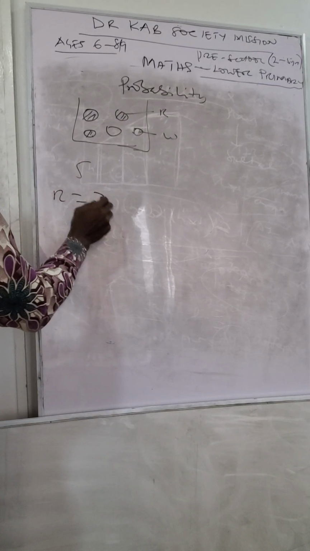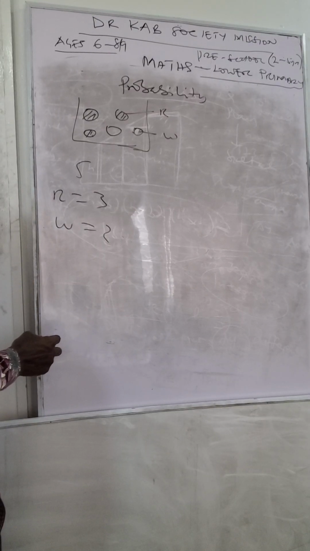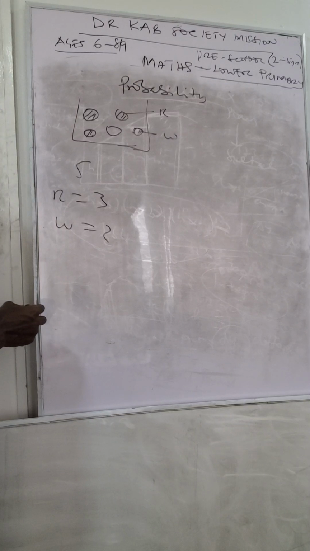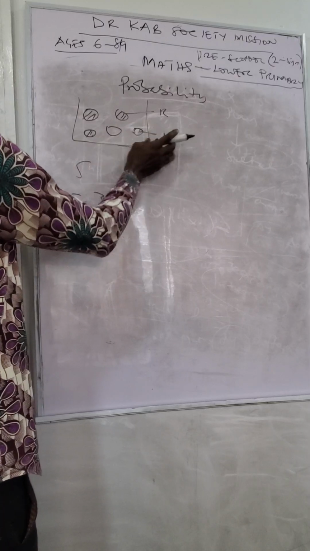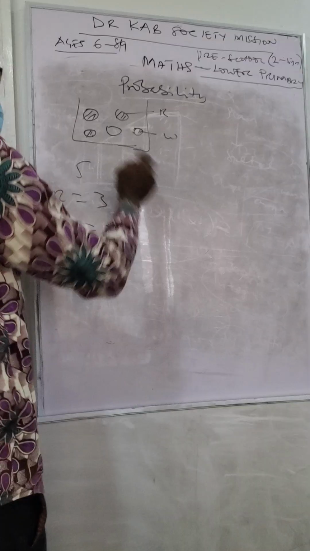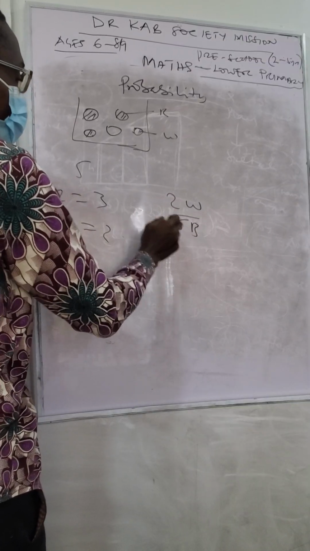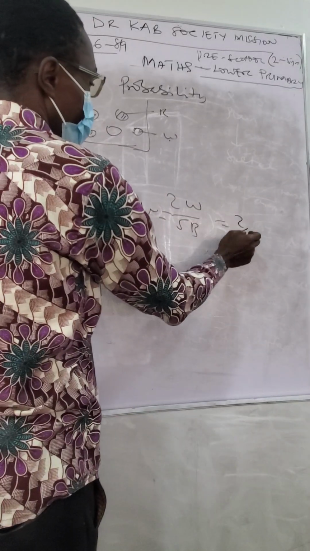Red is equal to 3. How many are white? 2. So I can ask you, what is the fraction of white considering the whole or the total number of balls? Fraction means part. So how many parts of white are in the total? You see that here we have 2 whites in 5 balls. So the fraction of whites there is equal to 2 over 5.